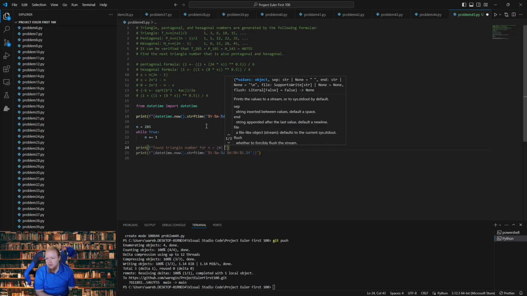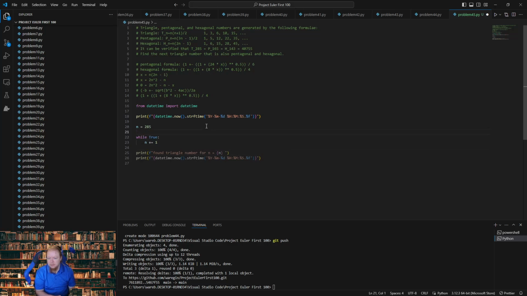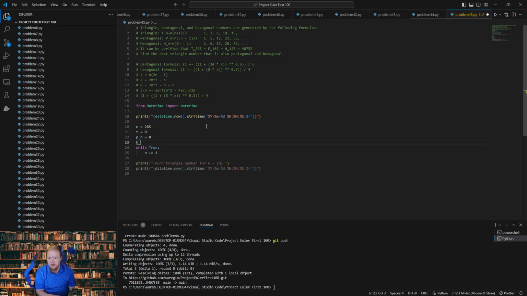Found triangle number for n equals n of n equals n, and I'm going to say t equals 0 because I'm just going to hold this, and I'm going to say p of n also 0 and h of n also 0.